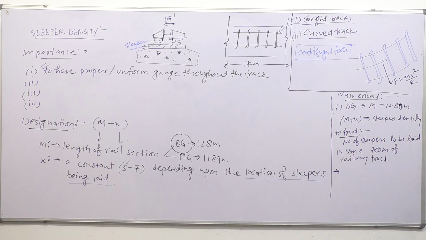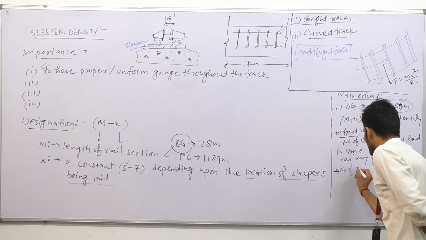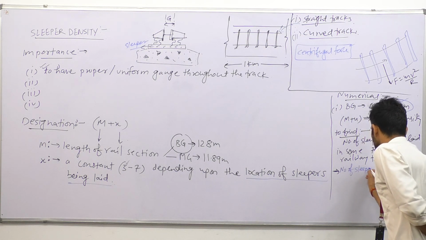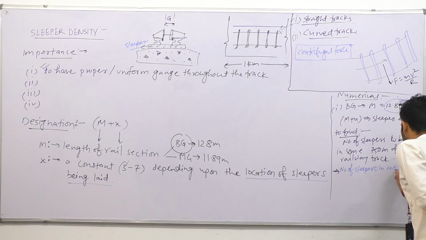You can first start with the number of sleepers in unit length of rail, which is the unit length of rail for broad gauge. So the number of sleepers in one rail length.